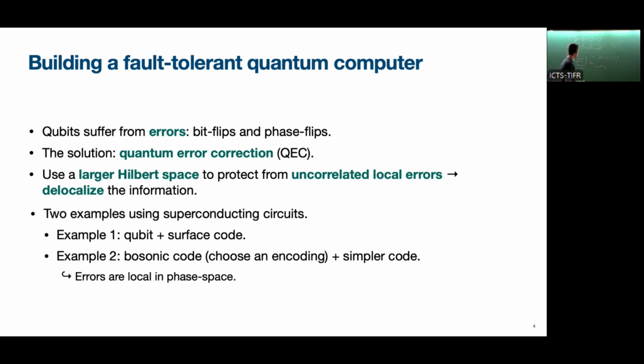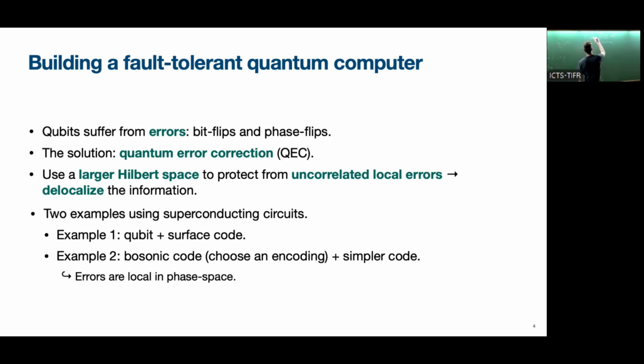To give another intuition about local and non-local errors, if you draw the phase space of this oscillator, say you have some quantum state somewhere. A local error is something that is going to locally shift or move your state. A non-local error is something that will make your state teleport to another place in phase space.